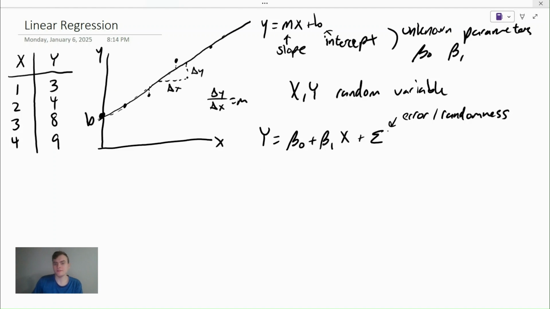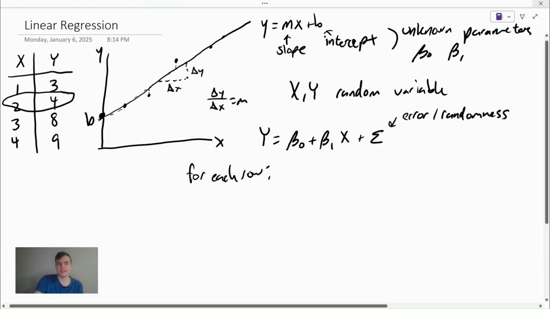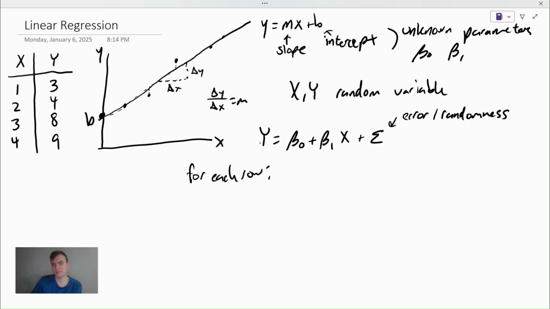And so we can also denote the notation for each row i. So if we were looking at row i equals 2, we have x is 2 and y is 4, right? So we're just going to add subscripts to show that it's not our beta 0 and beta 1 changing, it's our y, x, and epsilon changing.